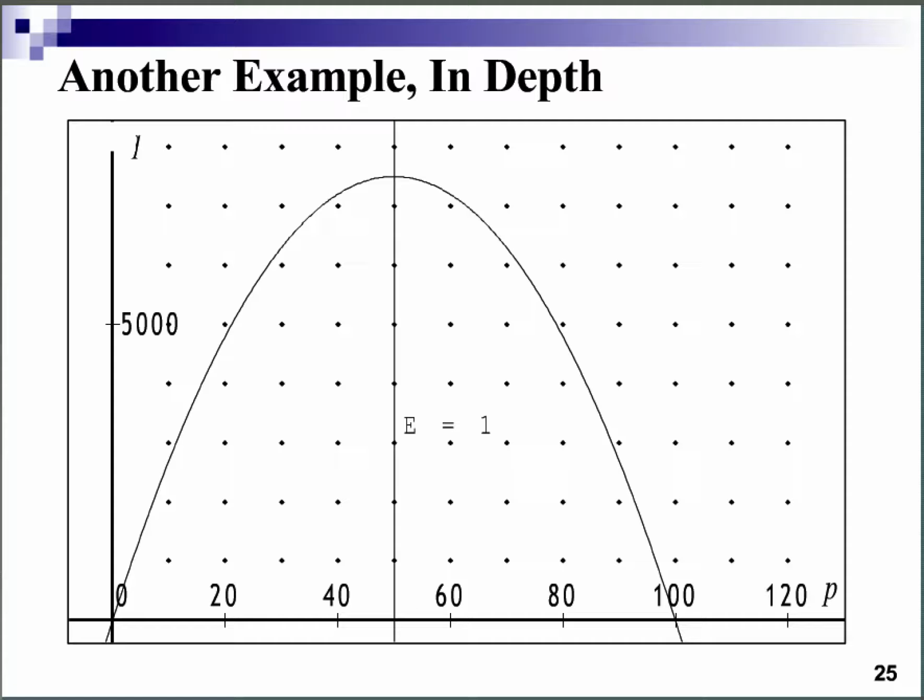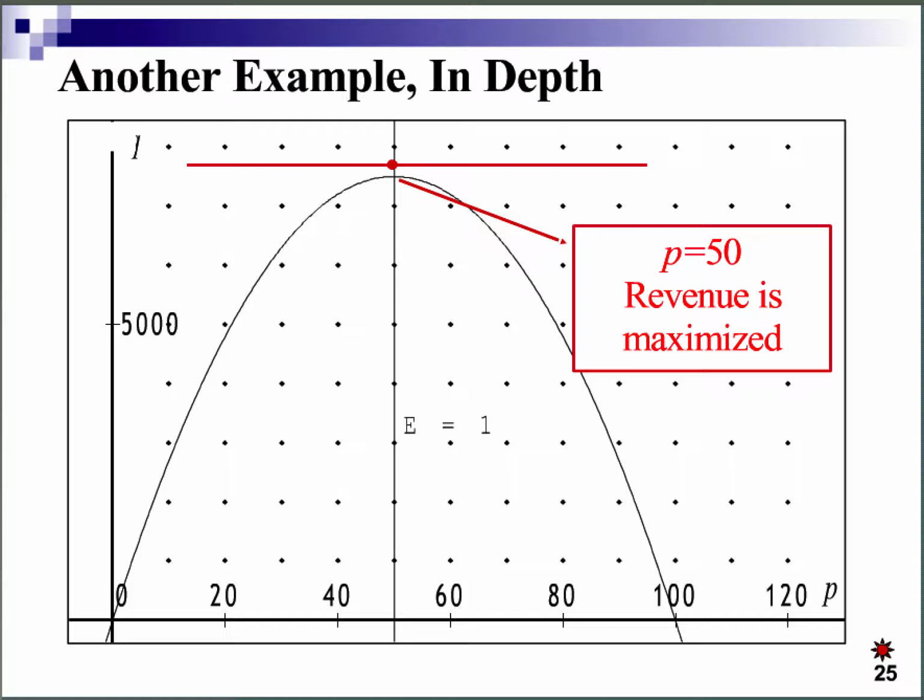So if we look at what's going on at a price of 50 on the revenue graph, we see here that that's the exact maximum point of the revenue function. And so at that particular point, our derivative is exactly equal to 0, and therefore our revenue is maximized.